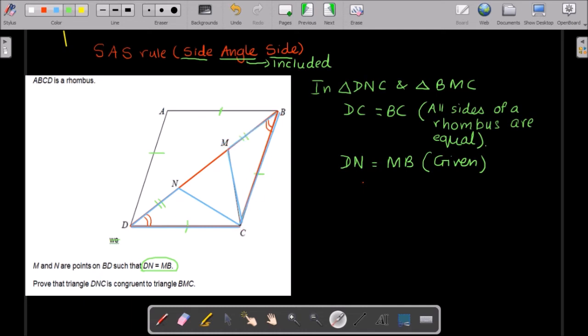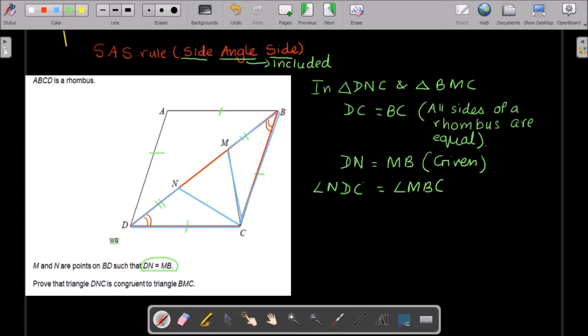And I've used BC, which is this side, and MB, which is this side, and those two sides meet at the point B, forming the included angle MBC. So in order to prove congruence using this particular rule, I have to use the included angle. So angle NDC is equal to angle MBC.